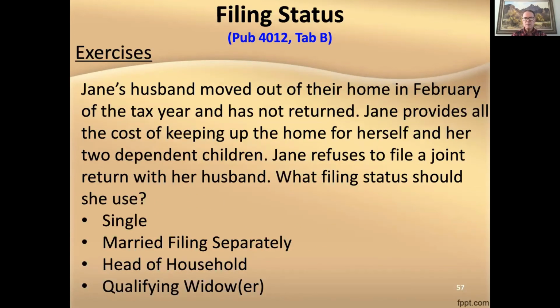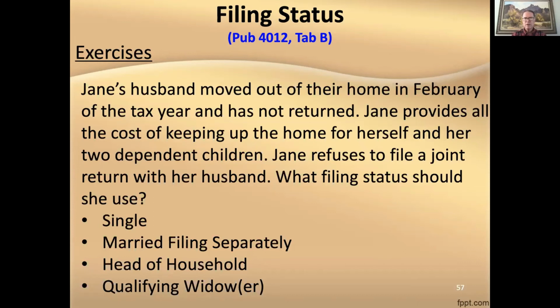So Jane's husband moved out of their home in February. He has not returned. Jane provides all the cost of keeping up the home for herself and her 2 dependent children. Jane refuses to file a joint return with her husband. What filing status should she use? Well, wait a minute. She's married.